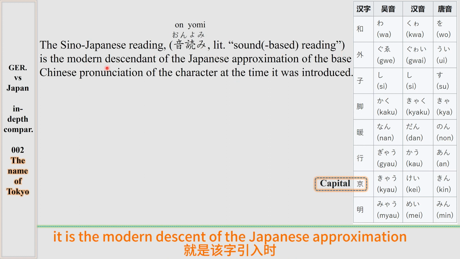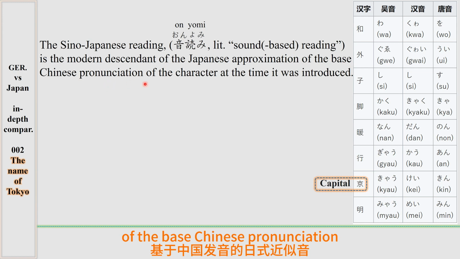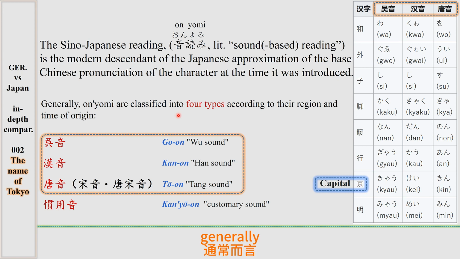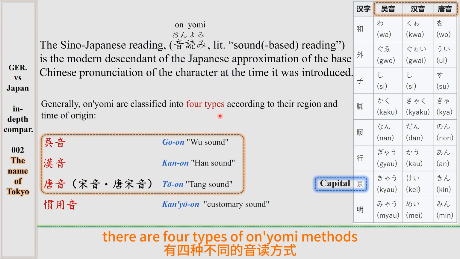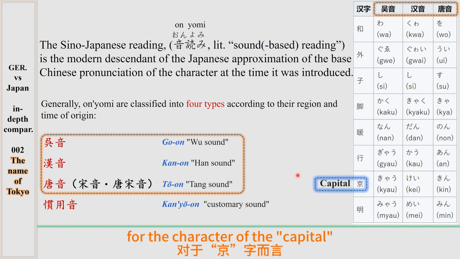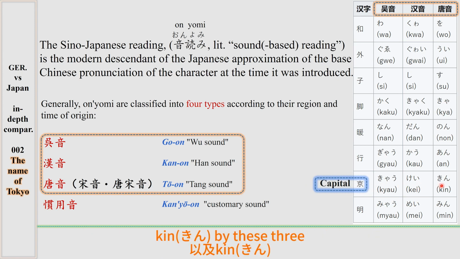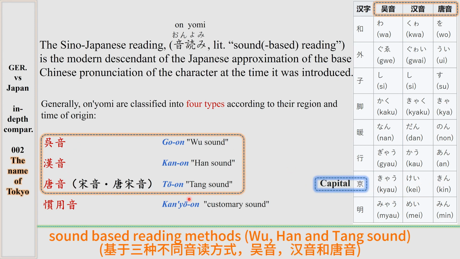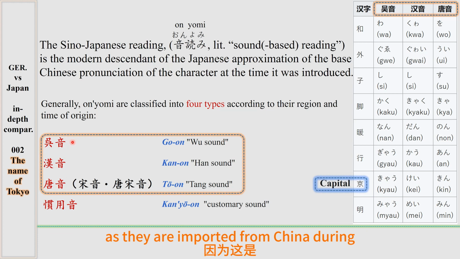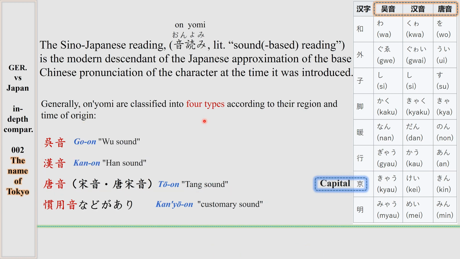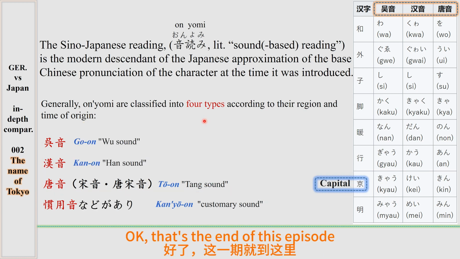It is the modern descent of the Japanese approximation of the base Chinese pronunciation of the character at the time it was introduced. Generally, there are 4 types of onyomi methods for the character of the capital that can be pronounced as kyo, kei, kin, by these sound-based reading methods, as they were imported from China during different times and places. Okay, that's the end of this episode.